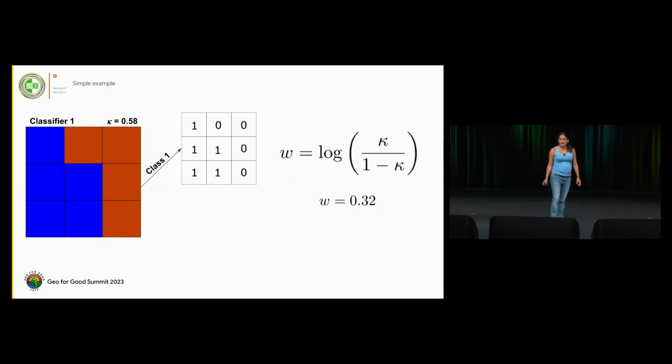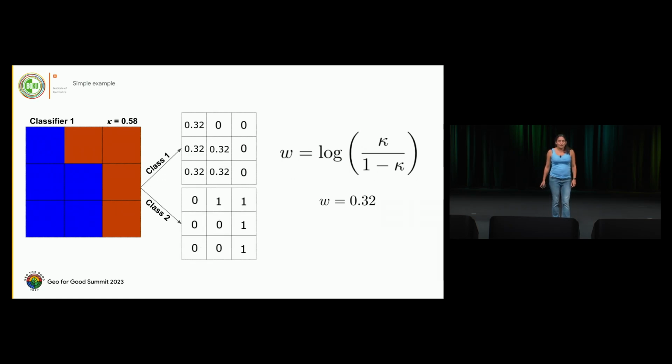We take that weight and multiply it by our binary matrix from class 1, and we get a weight matrix for class 1 for the first classifier. We can do the same for class 2. We construct our binary matrix and apply the weight that we obtained for the classifier, and then we have 2 weighted matrices, one for class 1 and the other for class 2.